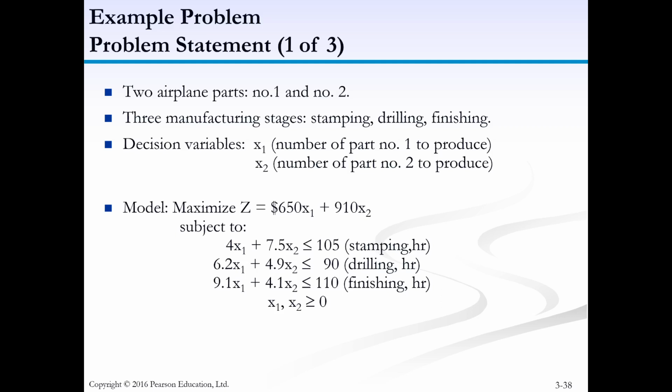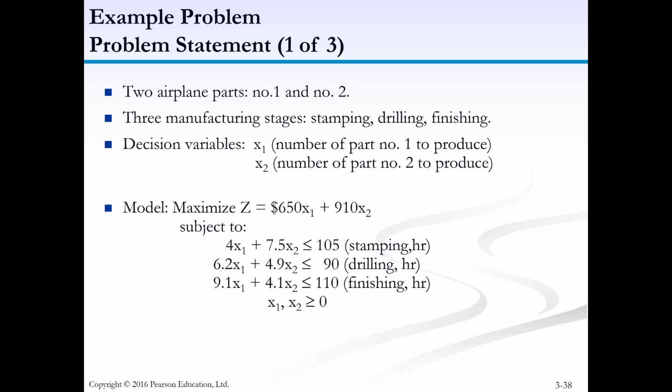The decision variables are x1, the number of parts of number 1 to produce, and x2, the number of parts of number 2 to produce. The model is maximize z equals 650 x1 plus 910 x2. This is the profit for each part, and then subject to 3 constraints: stamping hours, drilling hours, and finishing hours. These constraints are given, and of course the non-negativity constraint is there.